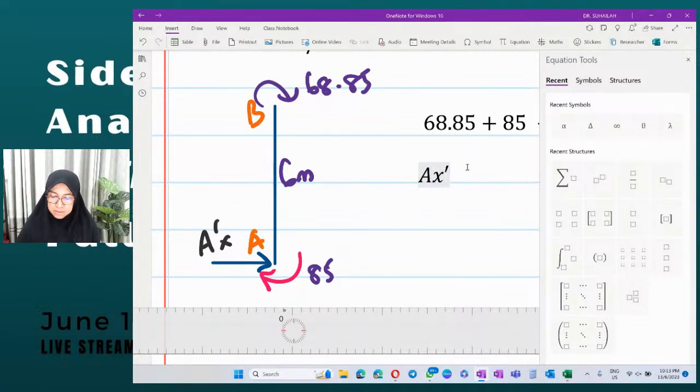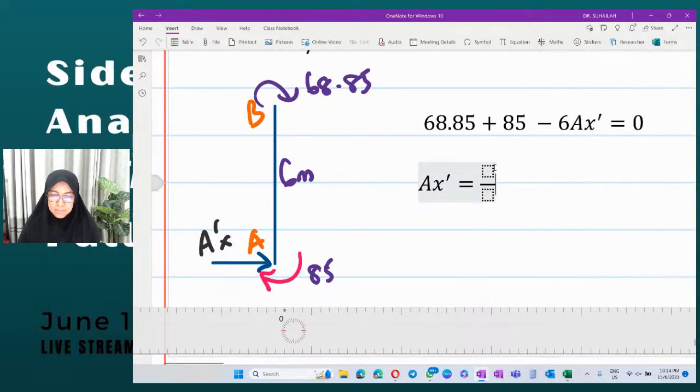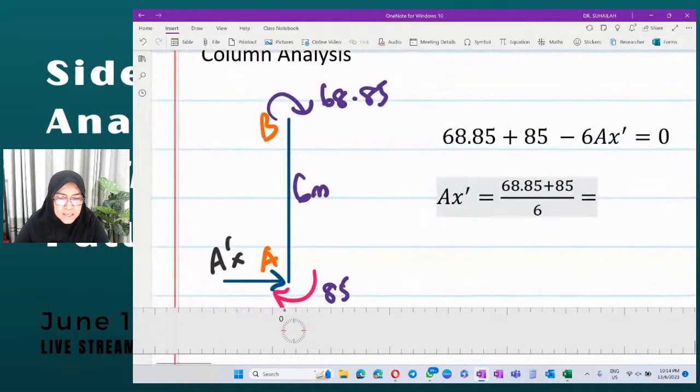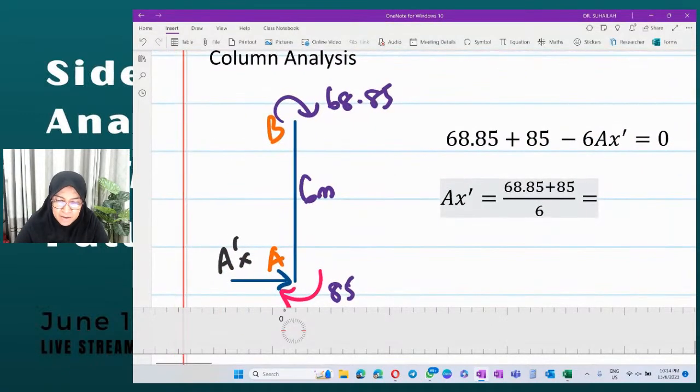So AX is equal to 68.85 plus 85 divide by 6.